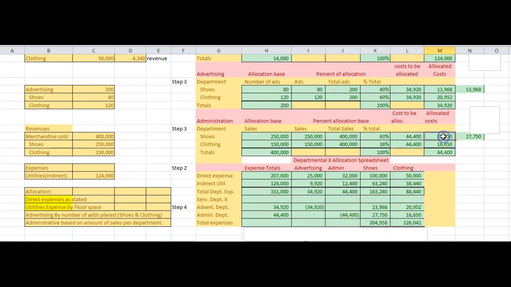See this 27,750 and this 16,650. I add these up now, and these are the total costs that are going to be assigned to shoes and clothing to determine how profitable each department is. Does that help a little bit? Okay, that wraps it up.